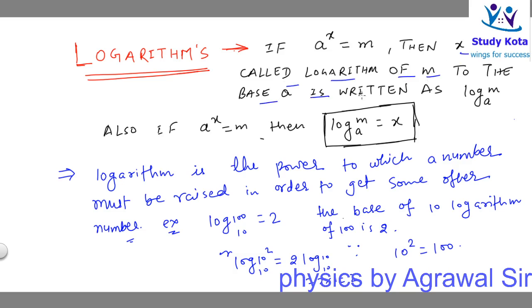What is its meaning? Basically, you are not getting the meaning. So I am telling you, if a^x equals m, then you can write log of m to the base a equal to x. First of all, guys, we all want to know what the logarithm is.